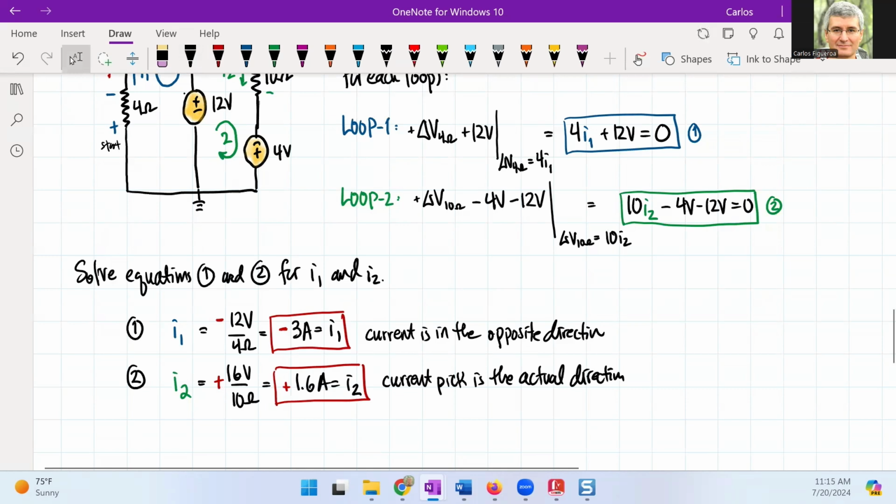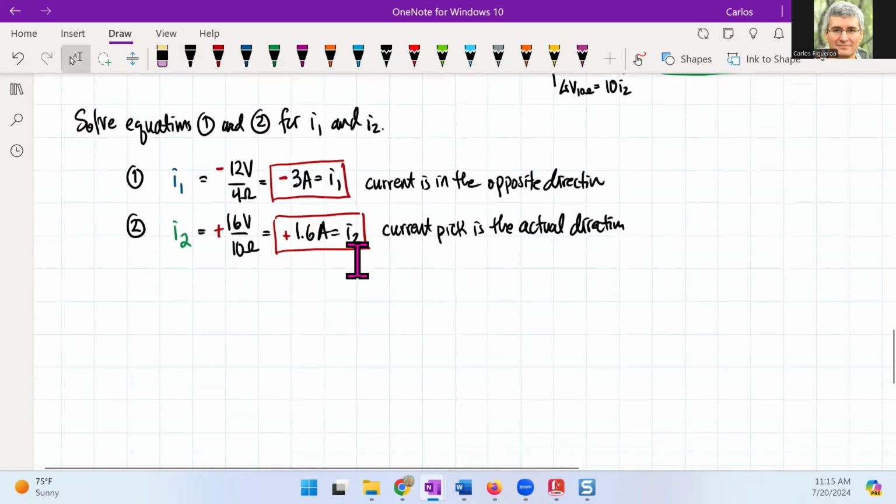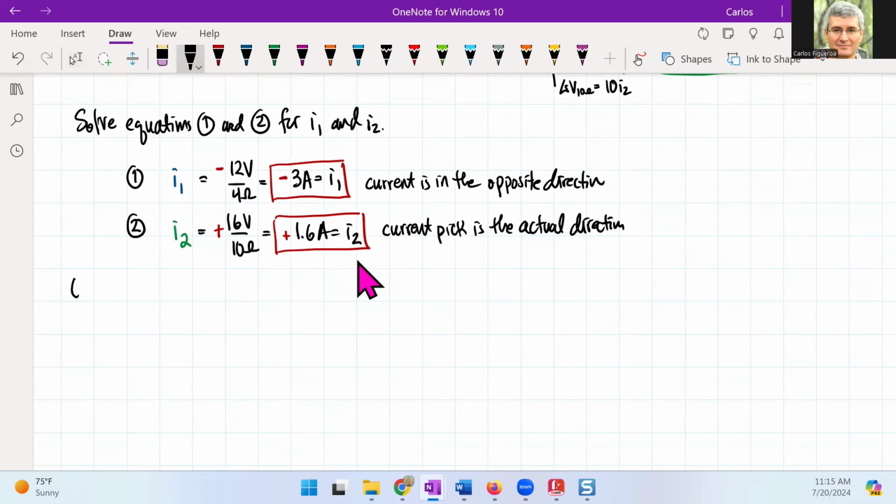So now we're on our last part where we need to calculate the powers. We need to calculate the power of the 4-volt and the power of the 12-volt source.